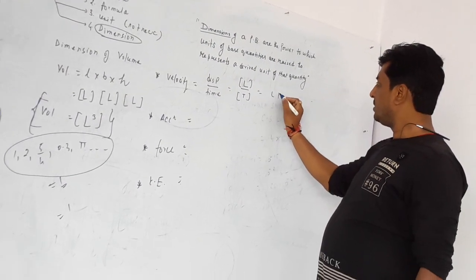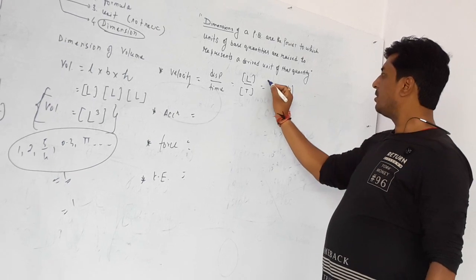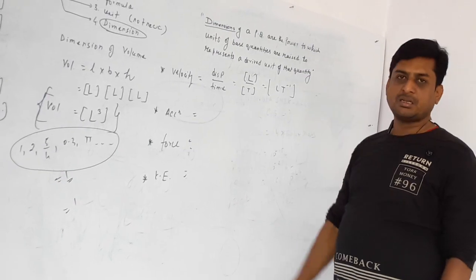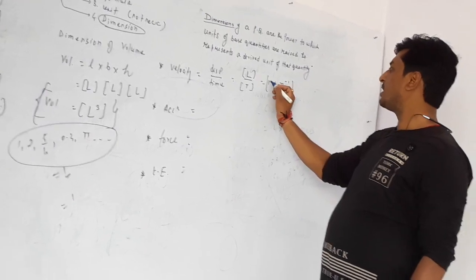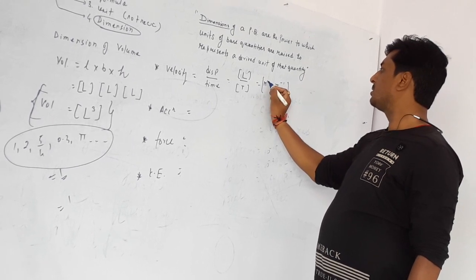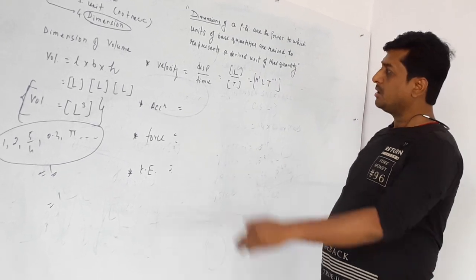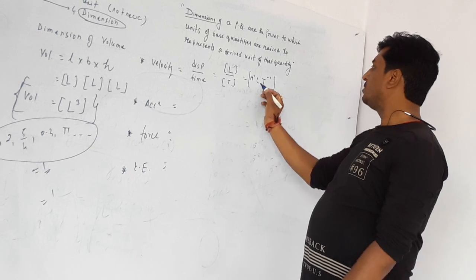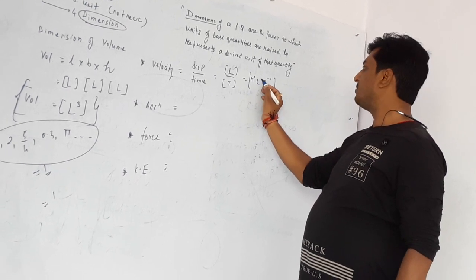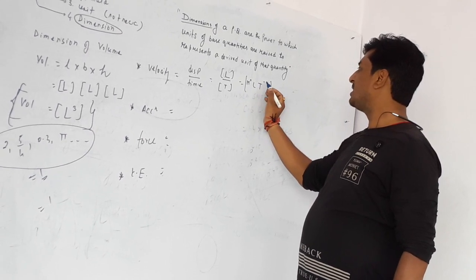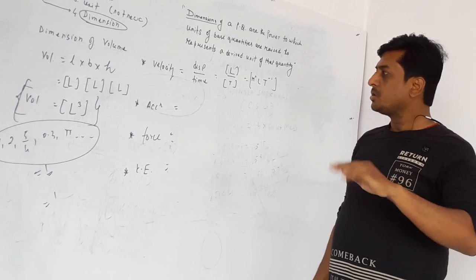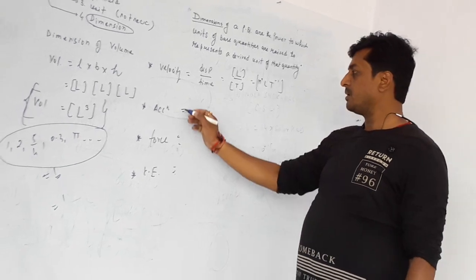Now the formula will be LT minus 1. Now you can see no mass factor is here. So if you are writing mass also, put power 0. Means in the velocity dimension, there is no role of mass. Only one dimension of length and minus one dimension of time is required to tell the dimension of velocity.